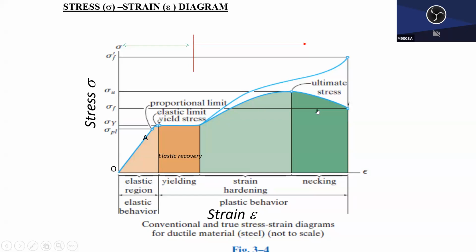Actually, this is kind of a weird response, because this weird curve is caused by the assumption that the cross section is uniform. Okay, the cross section actually shrinks more and more, but when we are drawing this kind of plot, as you remember from strength of materials, we assumed the cross section is uniform. That's why we get this kind of weird curve.